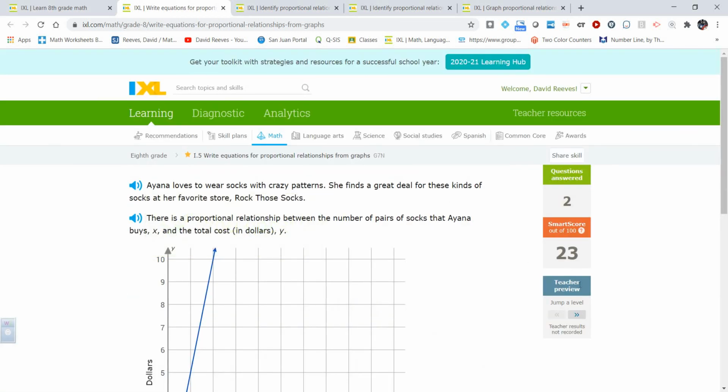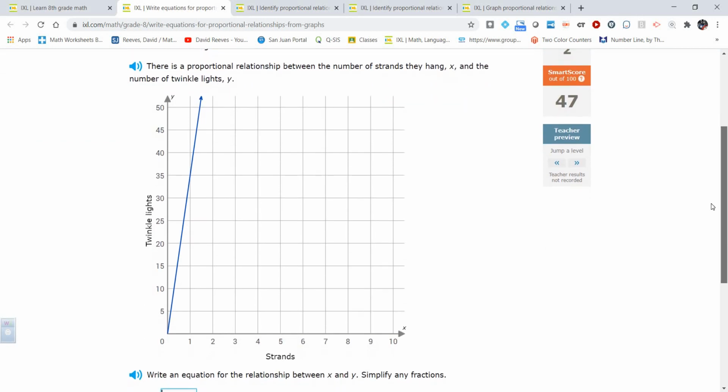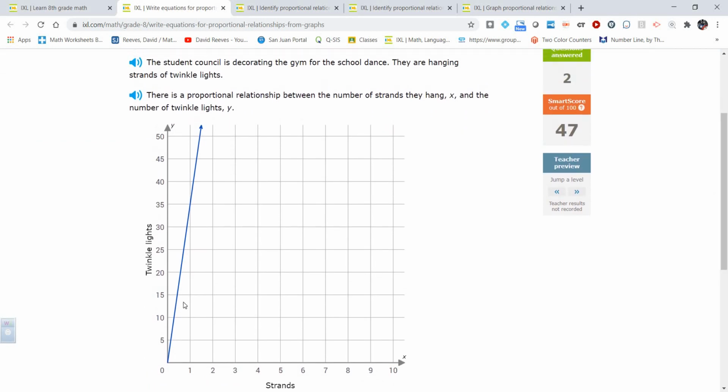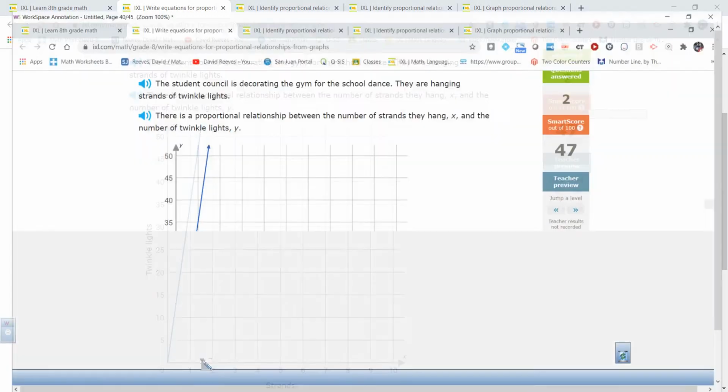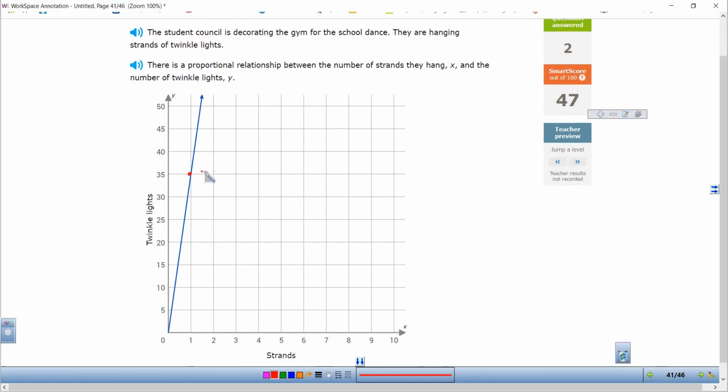All right, let's skip up to the next level. Maybe they'll get a little bit more interesting here. All right, so again, it's a proportional relationship, a straight line going through 0, 0. If we find a point on this line right here, what do we have? That is 1 and 35. By the way, you can use any point you want to.